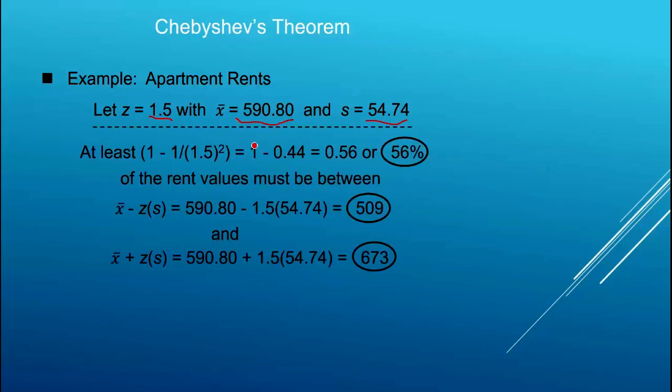Using Chebyshev's theorem, we plug the value of z into the formula. That is 1 minus 1 over 1.5 squared. Carrying out that very simple calculation, either in Excel or on a calculator, will show you that 56% of the observations, or more, must lie within 1.5 standard deviations of the mean within that data set.